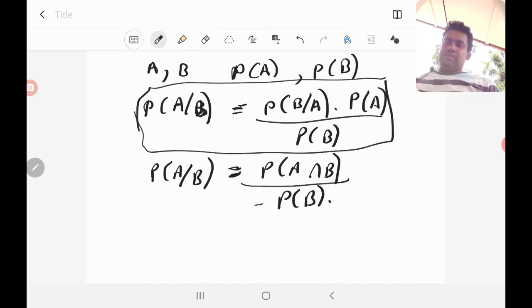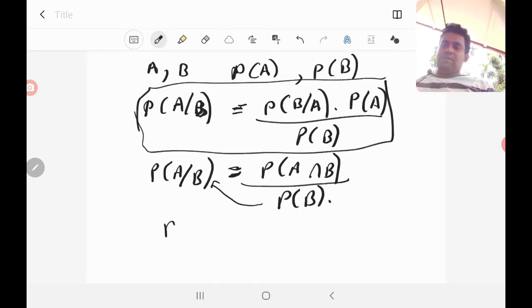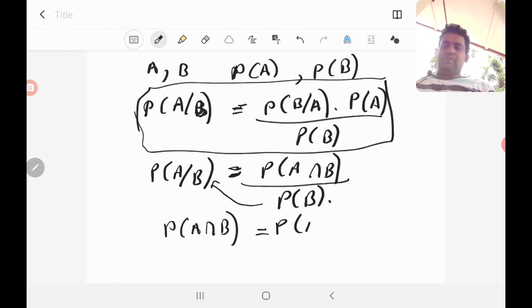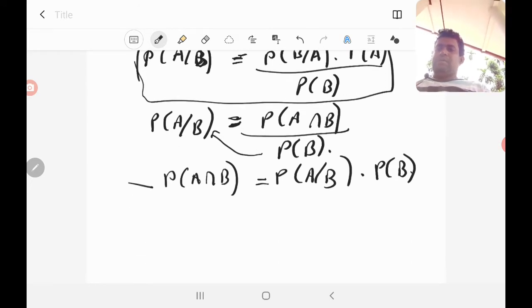If we take this to the other side, the probability of A and B, the A intersection B, is the probability of A given B multiplied by P(B), right?